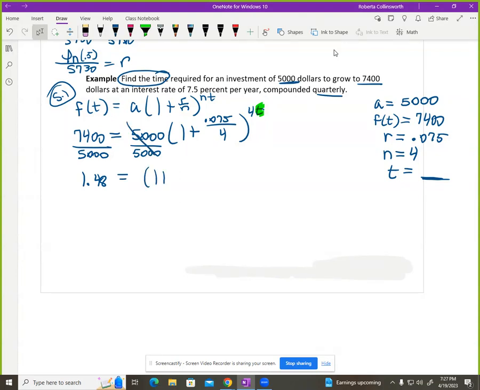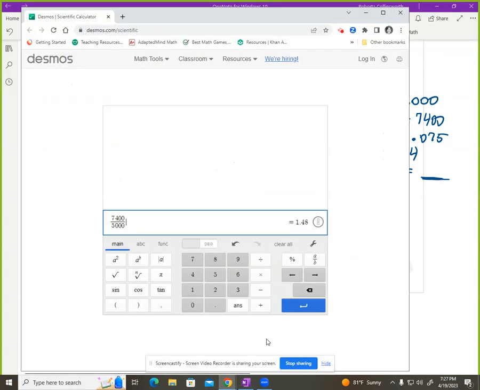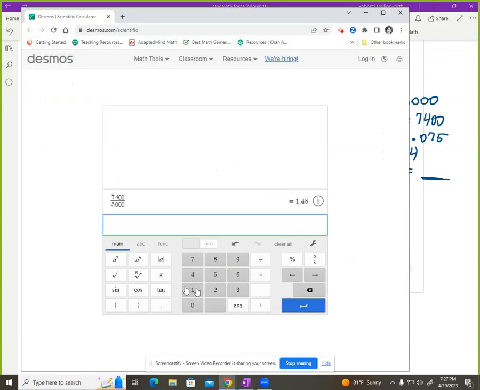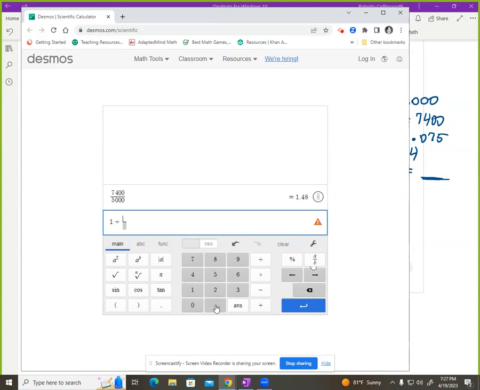And this is 1 plus 0.075 divided by 4 raised to the 4t power. I can change this to a number in my handy dandy calculator. So I have 1 plus fraction, 0.075 divided by 4.